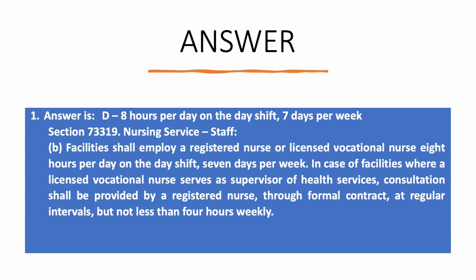In case of facilities where a licensed vocational nurse serves as a supervisor of health services, consultation shall be provided by a registered nurse through a formal contract at regular intervals, but not less than 4 hours weekly.